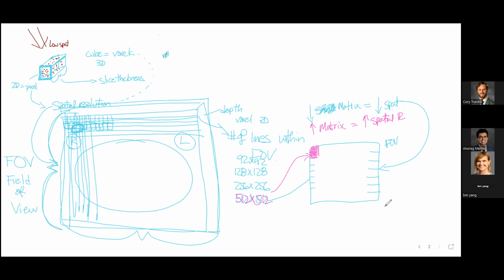So here's a high spatial resolution. In the high spatial resolution, how many protons are in here relative to here? Not very many. So guess what?